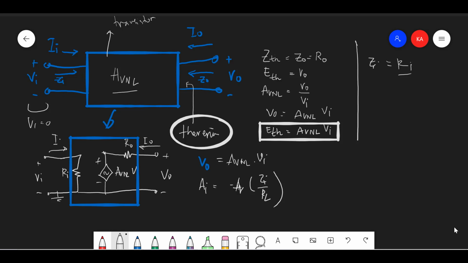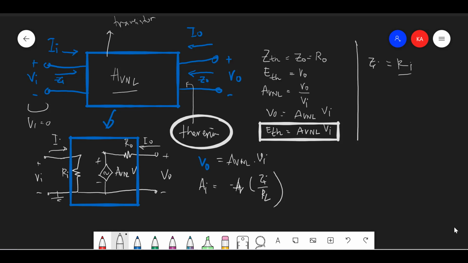If we define the load for this consideration, but if we didn't connect it to the load, then AI is equal to 0. It's like no load. We didn't connect any load at the output terminal, so the output terminal is open.